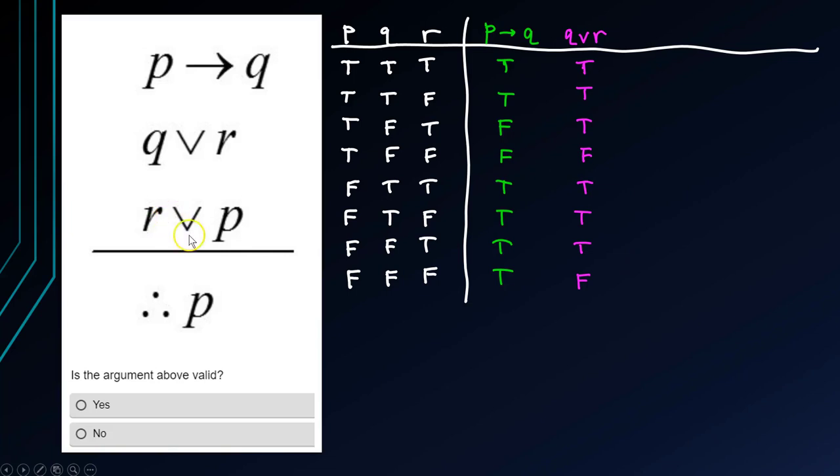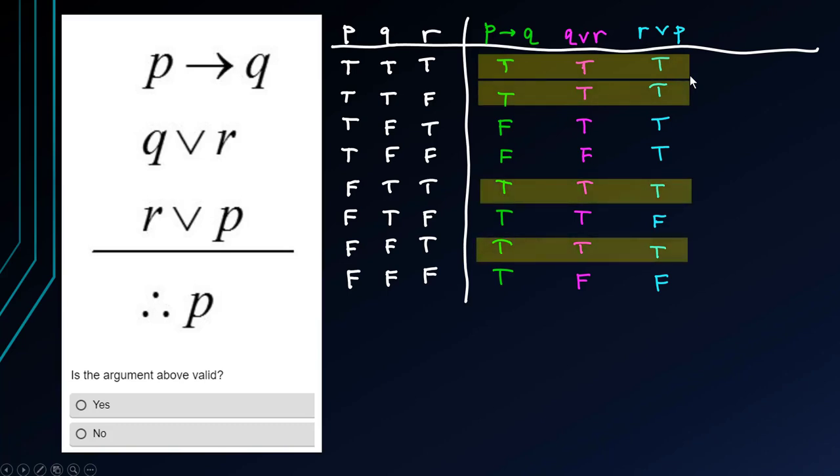And R or P, I'm looking at these two columns in the same way. It's only going to be false if both of them are false. They're both false here and here, so I should see a false in the third row from the bottom and in the last row, but true everywhere else. And so those are my prerequisites.